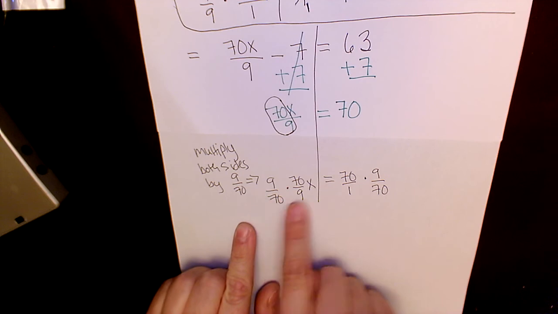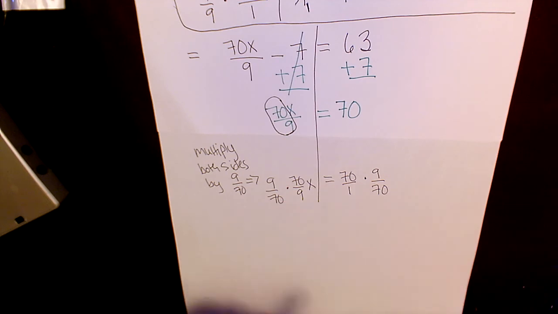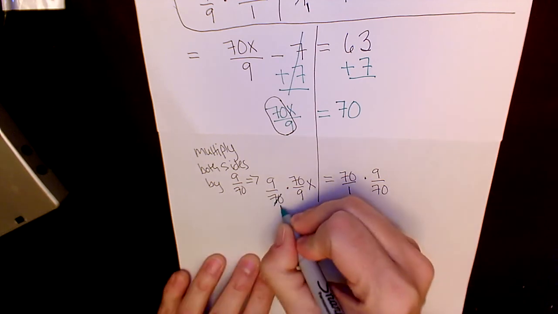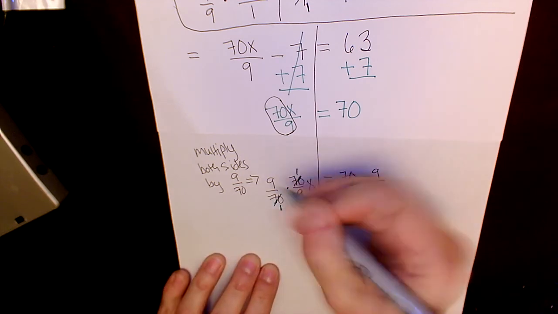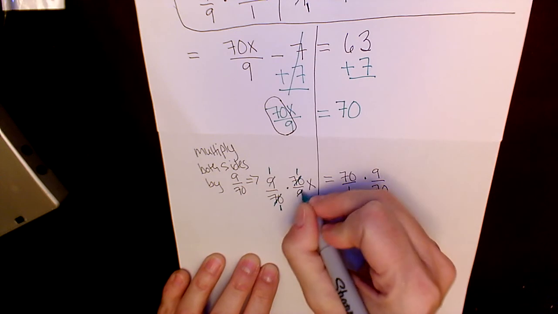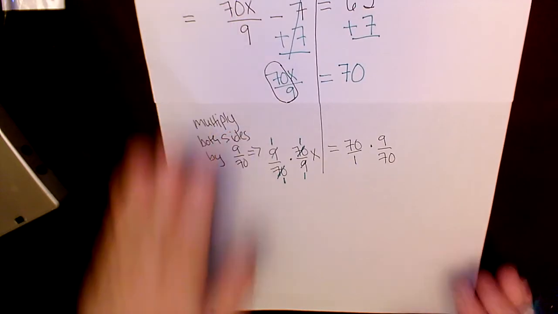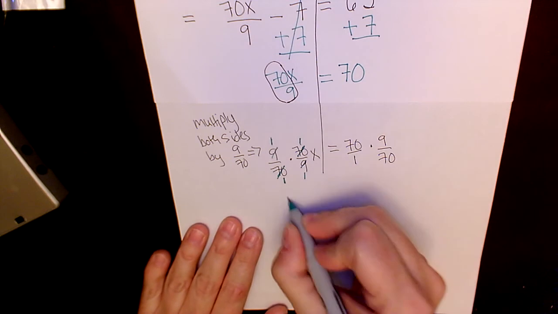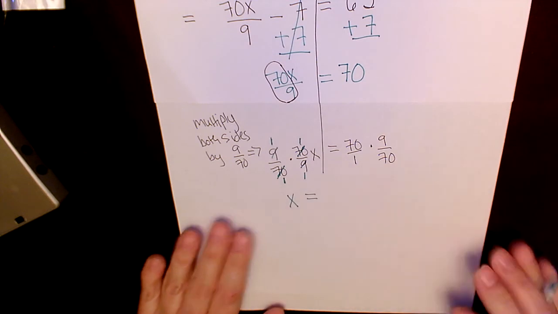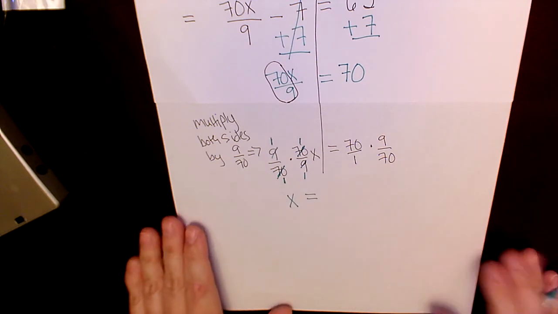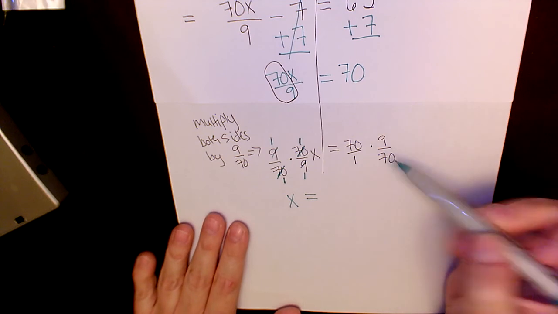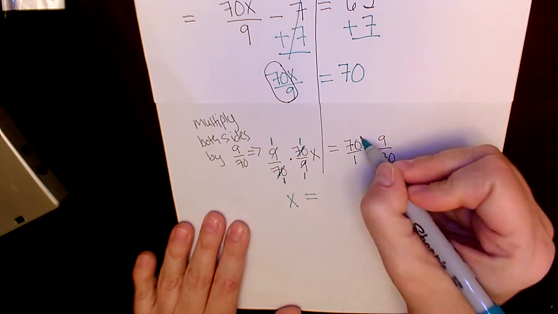Okay, and what happens here? These cancel. They match up and everything cancels out. So all that's left is x. And look at here. These match up.